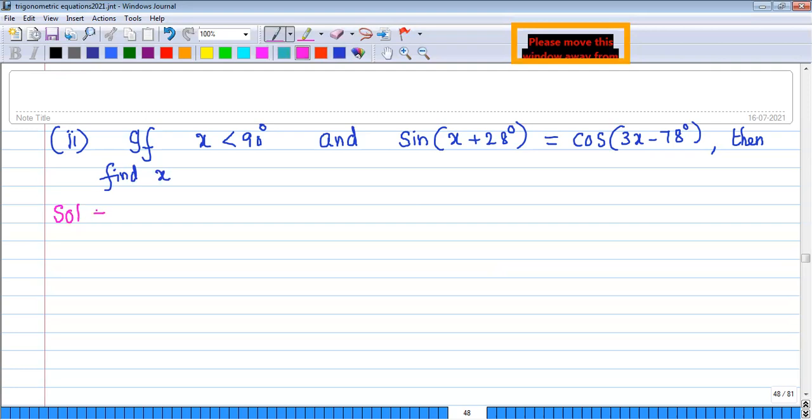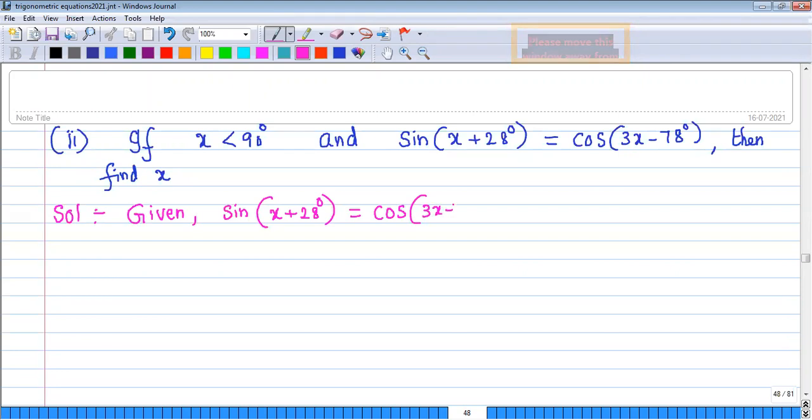Solution. Given sine of x plus 28 degrees equals cos of 3x minus 78 degrees. So how will you express cos of 3x minus 78 degrees in terms of the sine function?